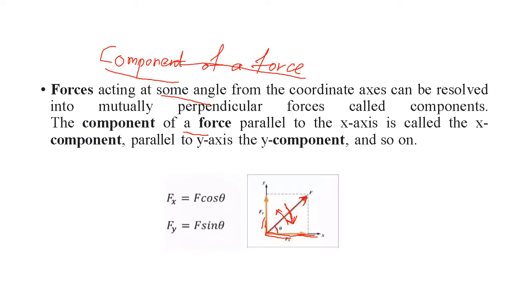If force F is resolved parallel to the y axis, it is called the y component. Fx equals F cos theta: when force F is resolved at an angle theta with respect to the x axis, its x value is F cos theta. Similarly, the y component of the force equals F sin theta.